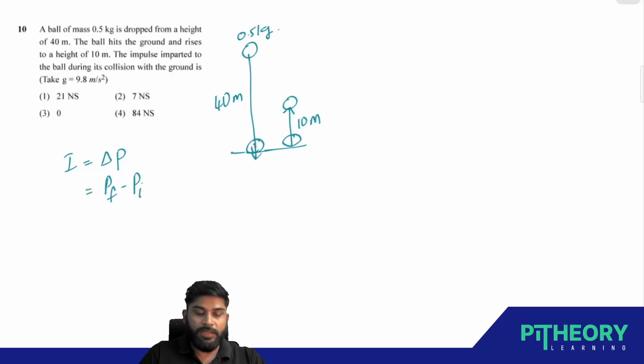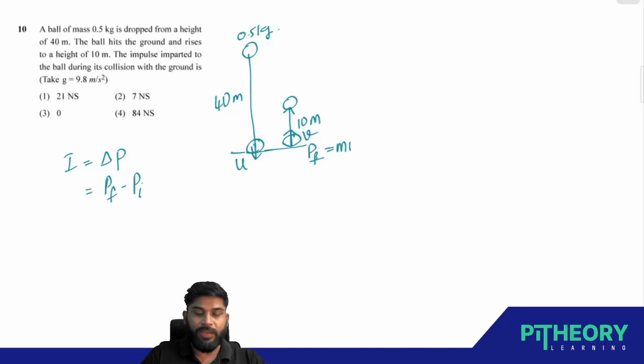With what velocity it hit the floor and with what velocity it rises up. The impulse imparted by the floor on the ball causes the change in momentum of the ball.